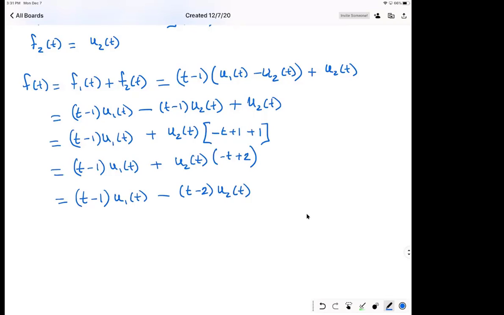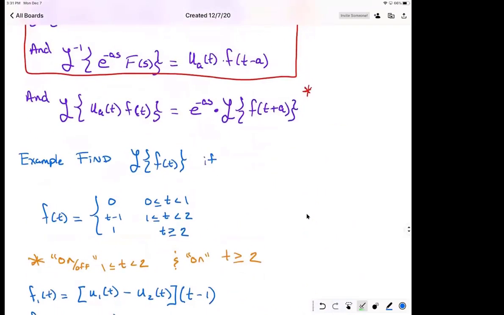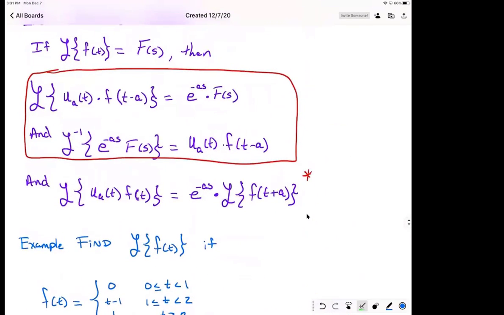I worked hard to do that because I want my t minus a to match up with the u sub a coefficient, and then I can apply the second shifting theorem, because the a matches up with the minus a coefficient.